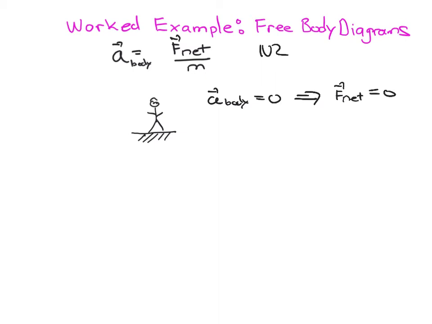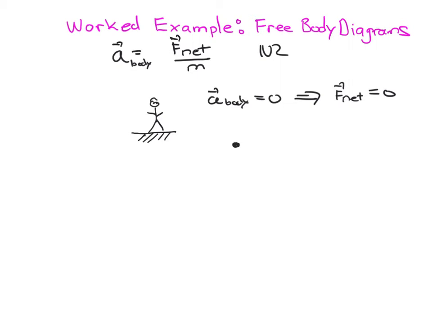And the free body diagram is, as I said, a way of identifying the individual forces that contribute to this net force. The way it works is we represent your body, whatever the object in question is, by a dot, and then we draw arrows whose tails are connected to the dot that are associated with the individual forces that act on the body.